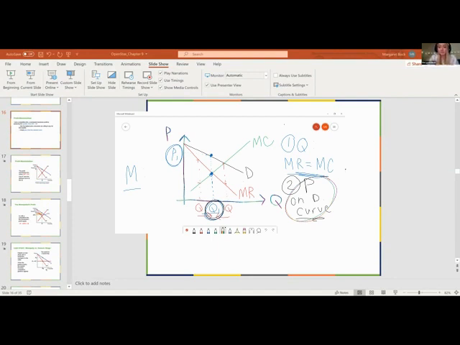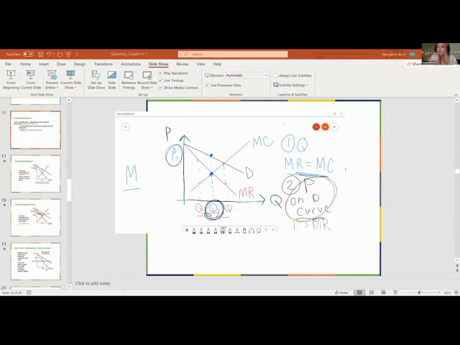So we can see that finding the price is just a little bit different. And it makes sense that the price is going to be higher for a monopoly than it would be in a perfectly competitive market.